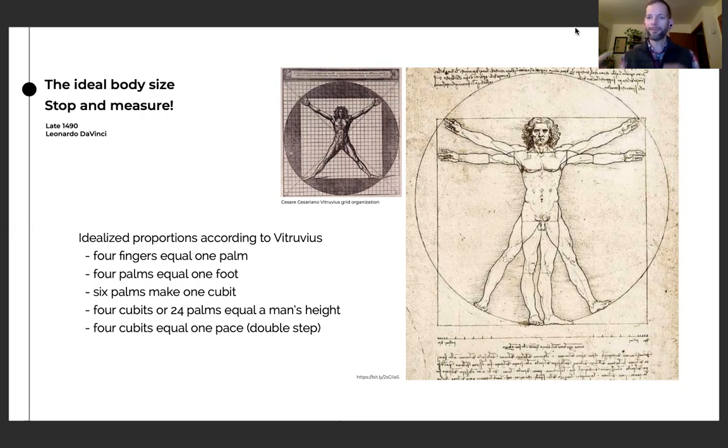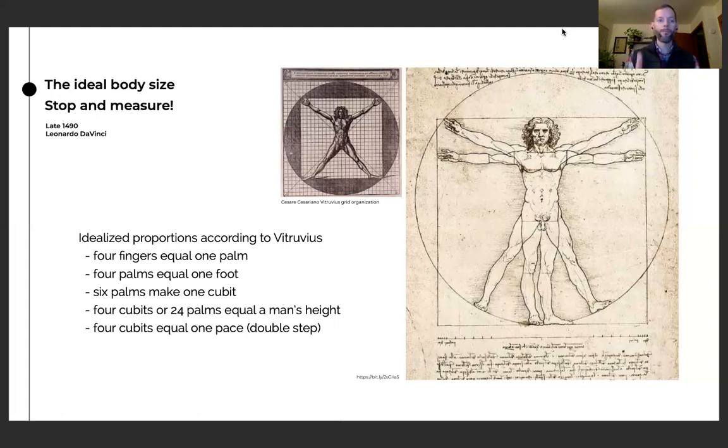That will stand as the foundational measurement for your palm, for a foot, for a cubit, for your height, and then your pace. And a pace is when you're standing and you take 1 step, 2 steps, and your feet come back together. That's 1 pace.